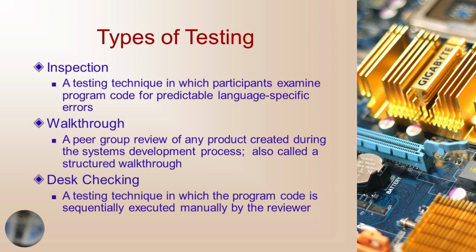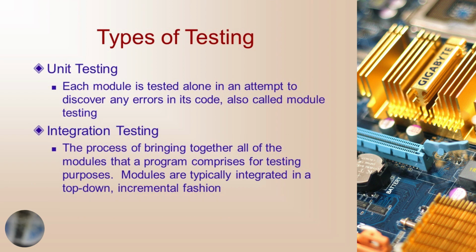Next, desk checking, a testing technique in which the program code is sequentially executed manually by a reviewer. Next, we have unit testing, where each module is tested alone in an attempt to discover any errors in its code, also called module testing or modular testing.